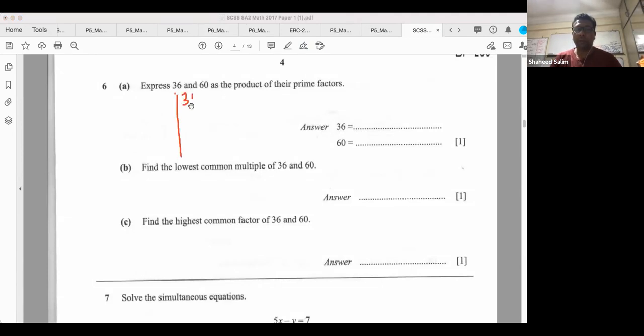Start with 2 first. All down here must be prime numbers. Divide until you cannot divide, then go to 3. 3 finish, don't go to 4, go to 5. 5 finish, go to 7. This must be a prime number. A prime number can only be divided by 1 and itself.